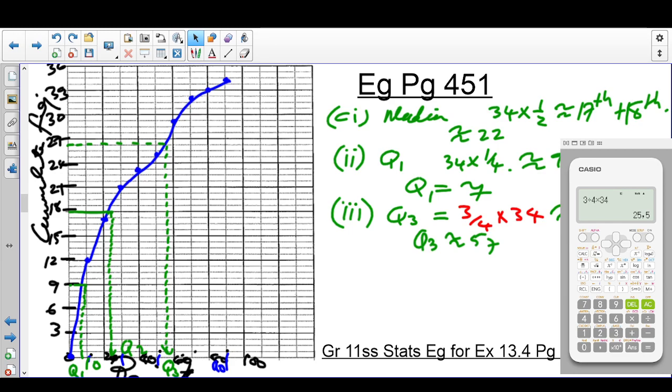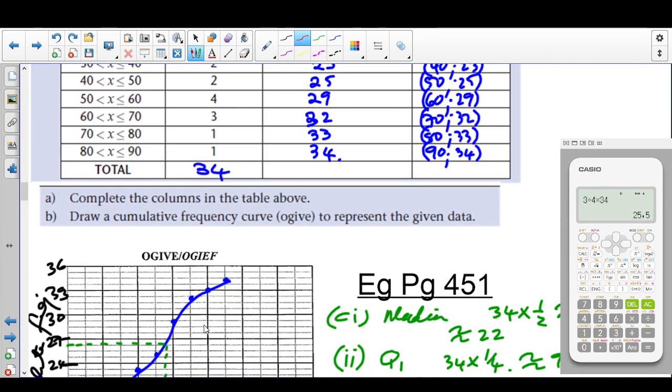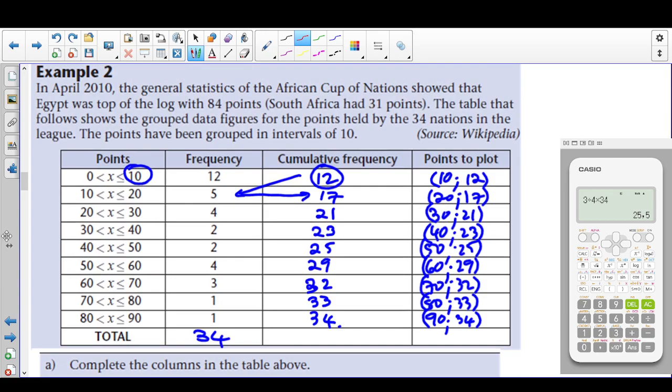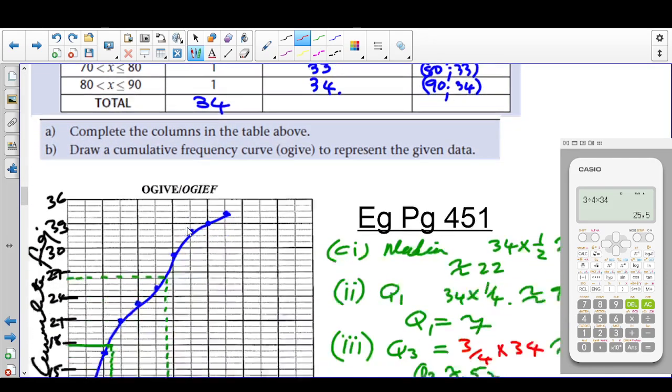Okay, so let's look at D. I'm going to use red now. D says, use your graph to determine how many teams scored 70 goals or less. Is it goals or points? This is points and they're talking about goals. I think they're referring to points.